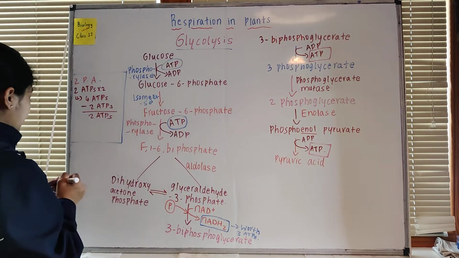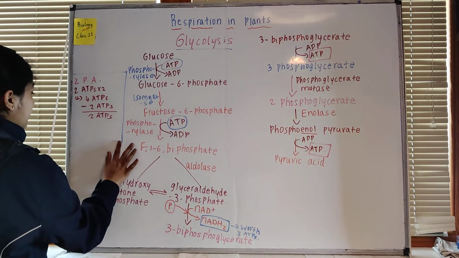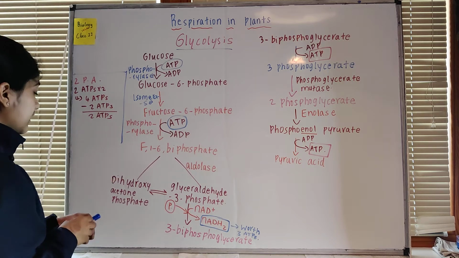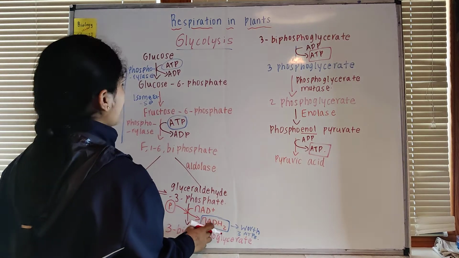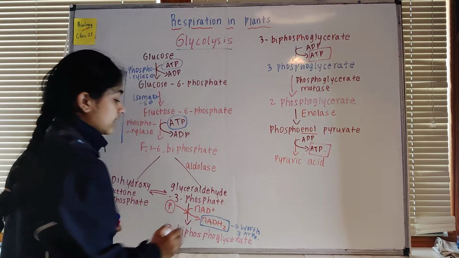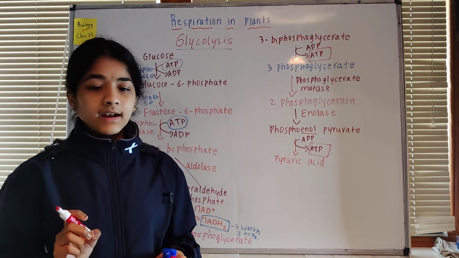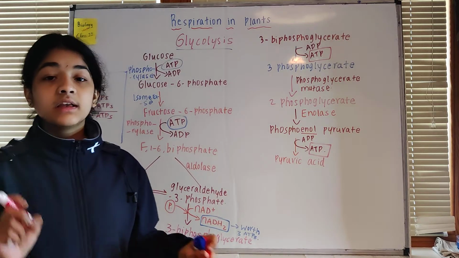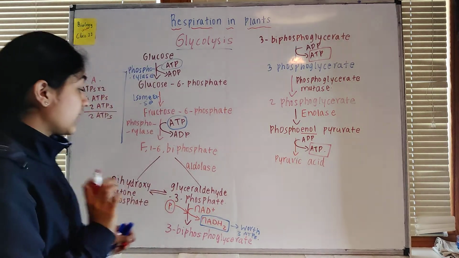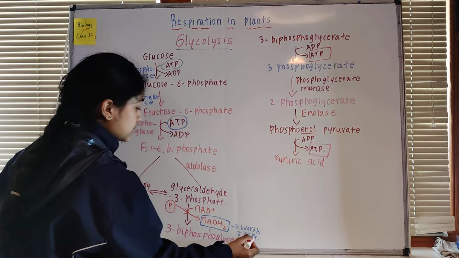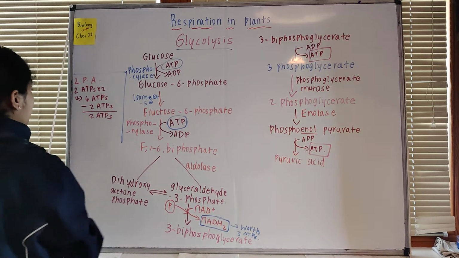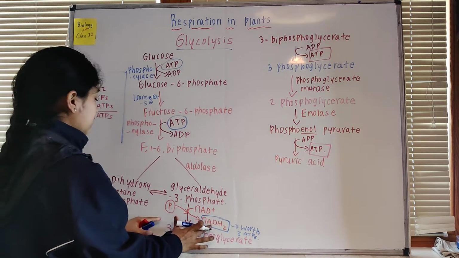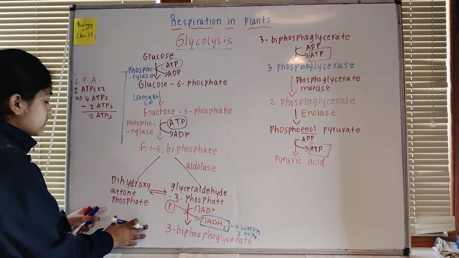Now let's count NADH2. How many NADH2s do we have? We have 1 NADH2, so this one. Now 1 NADH2 is worth 3 ATPs, so that's what we wrote. Now this is what happens with dihydroxyacetone phosphate as well.